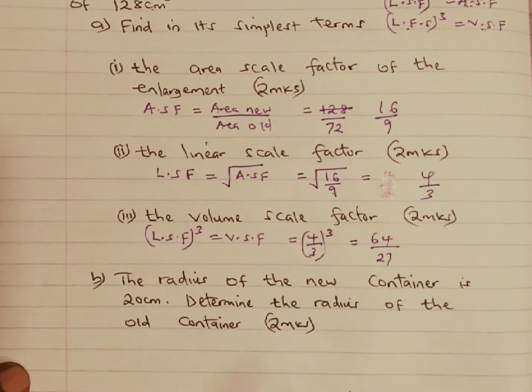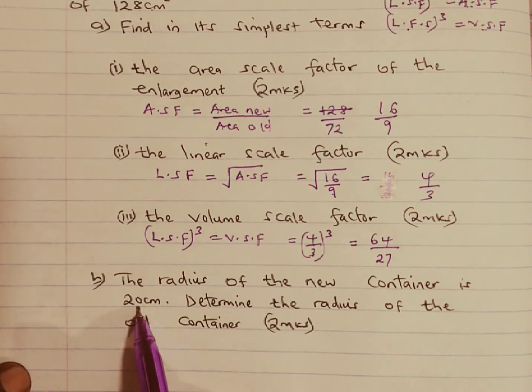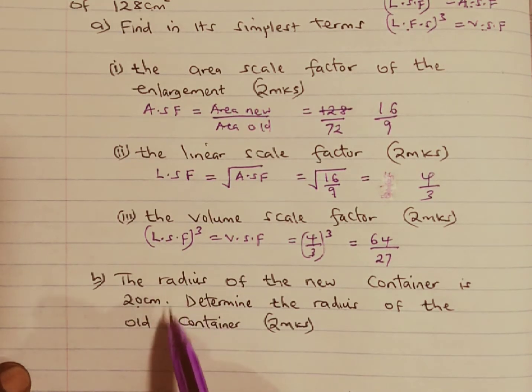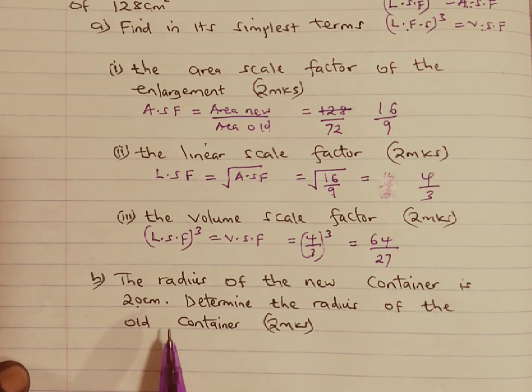Part B of the question, the radius of the new container is 20 centimeters. Determine the radius of the old container. We know the radius is the least unit of measurement, which is represented by the linear scale factor.